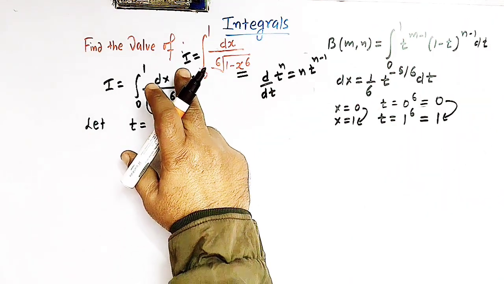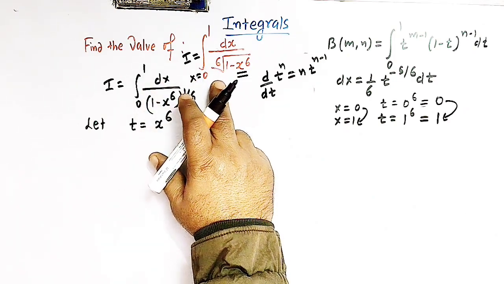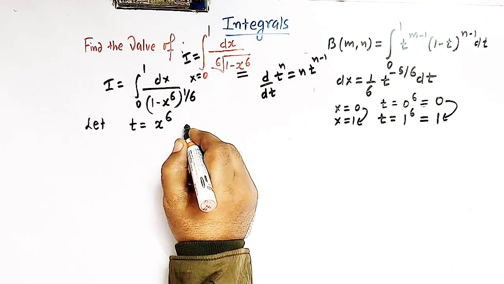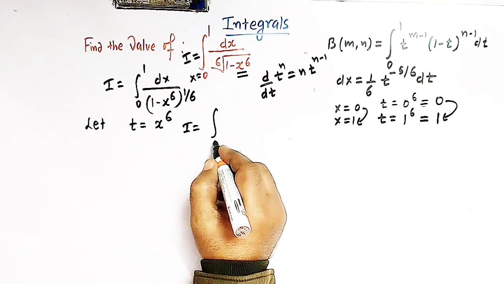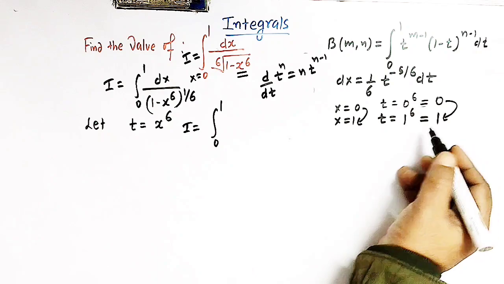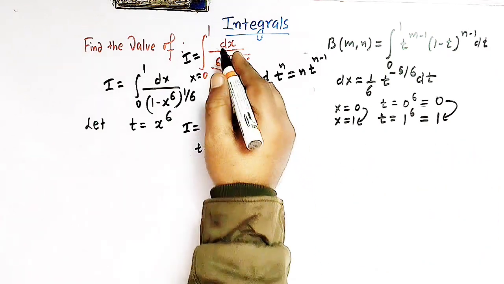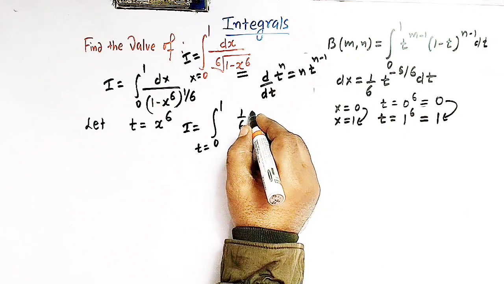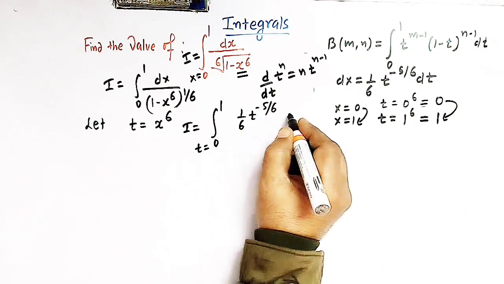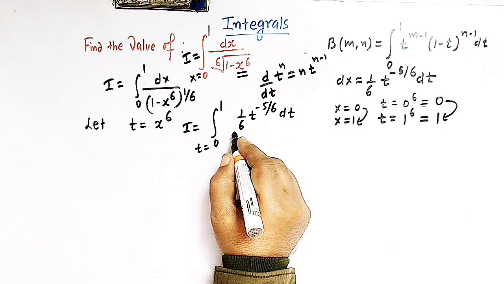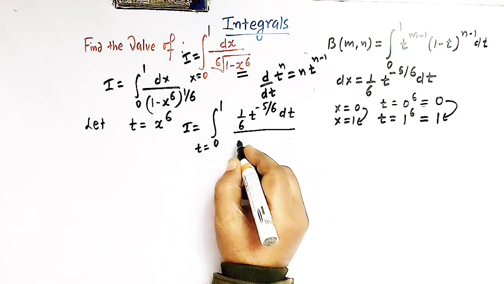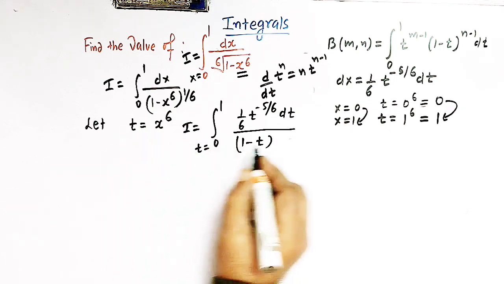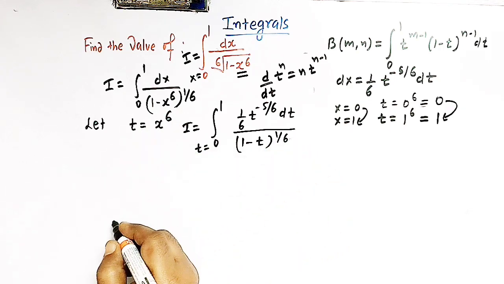So now let us write the value of this integral I in terms of t. We can now write I is equal to the integral from 0 to 1, because the limits remain the same, and for dx we can write 1 over 6 times t raised to minus 5 over 6 dt, and in the denominator we have 1 minus t, because x raised to 6 is t, all raised to 1 over 6, right?